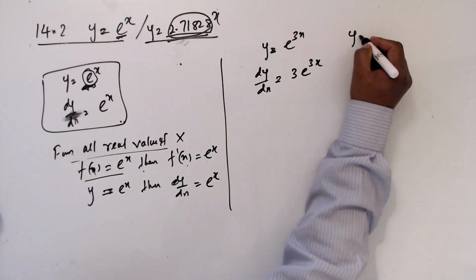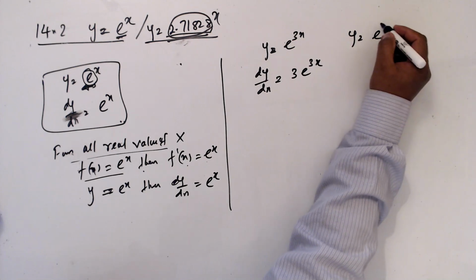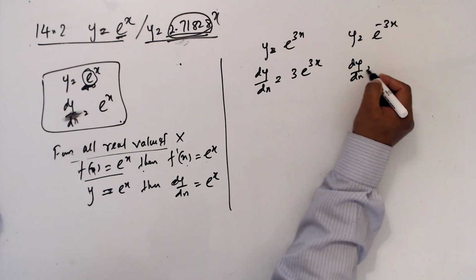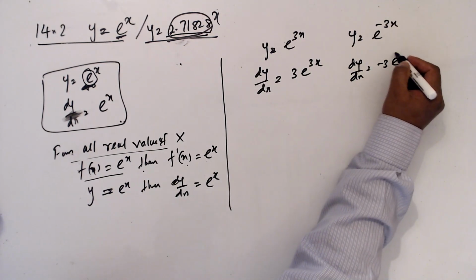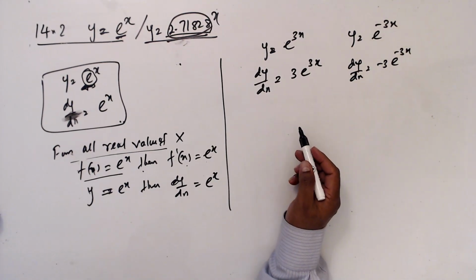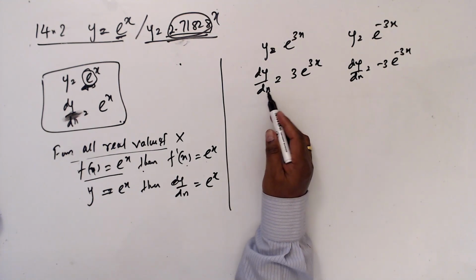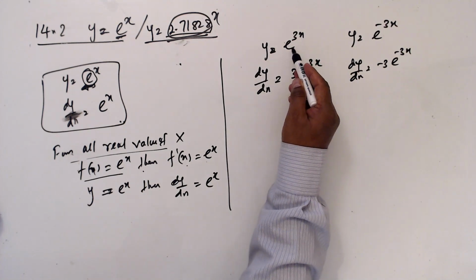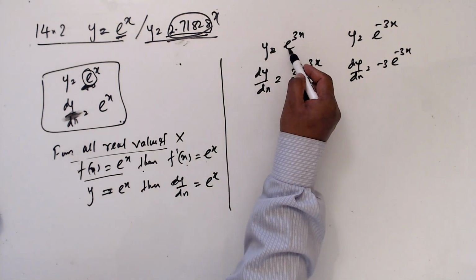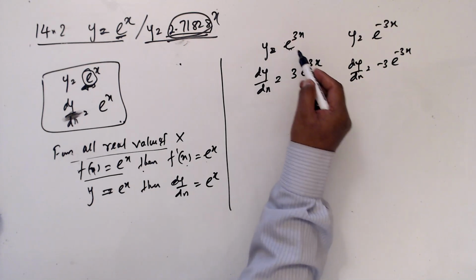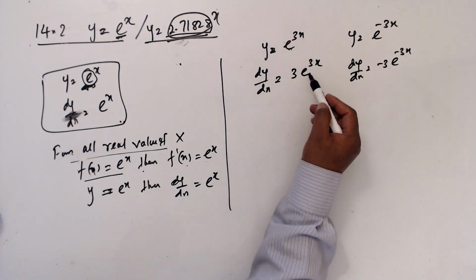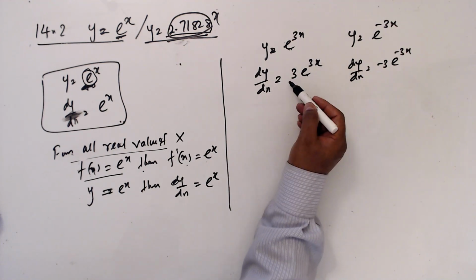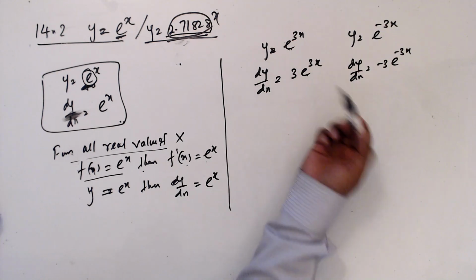If we have y equals e to the power minus 3x, then dy by dx equals minus 3e^(minus 3x). The specialty when you differentiate an exponential in terms of e is that you get the same function, and in particular you get an extra factor of 3.